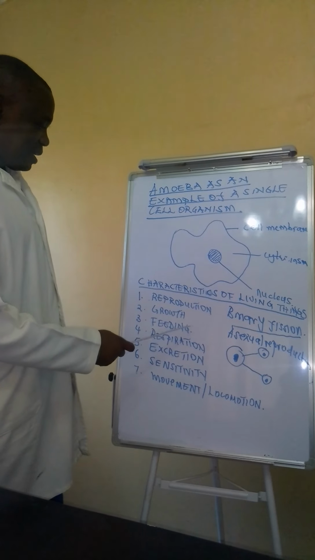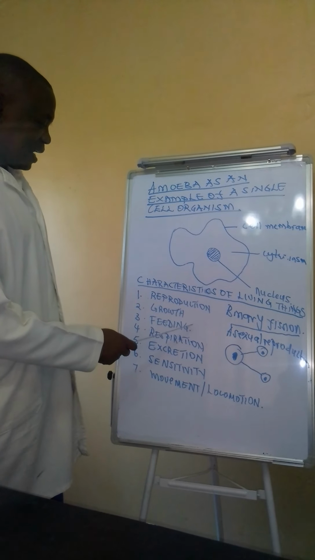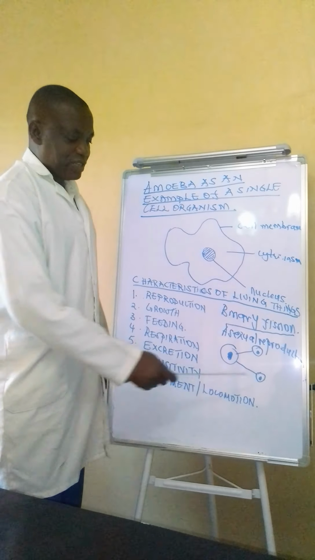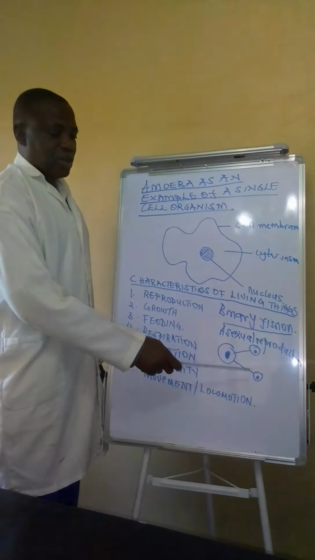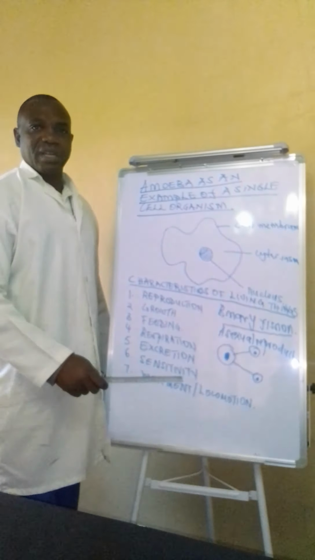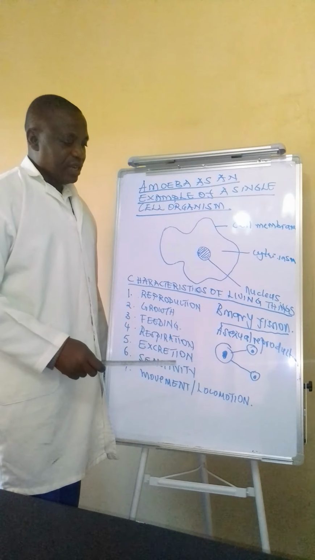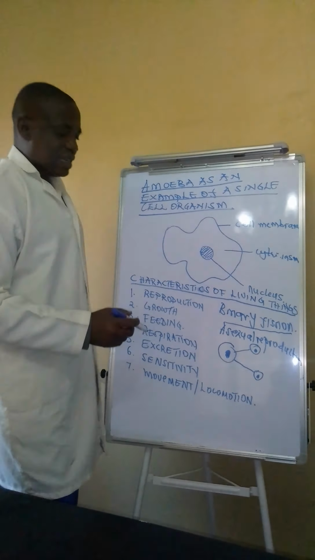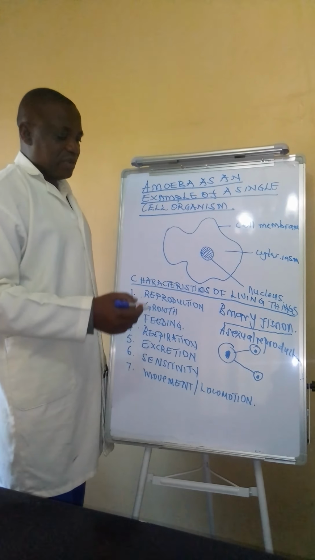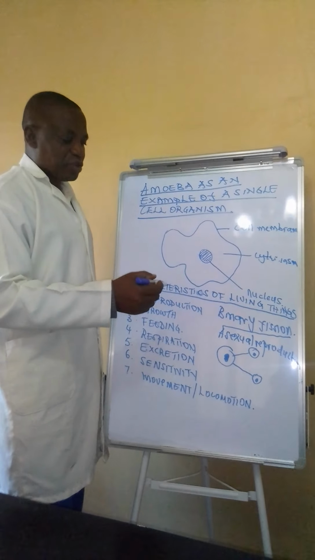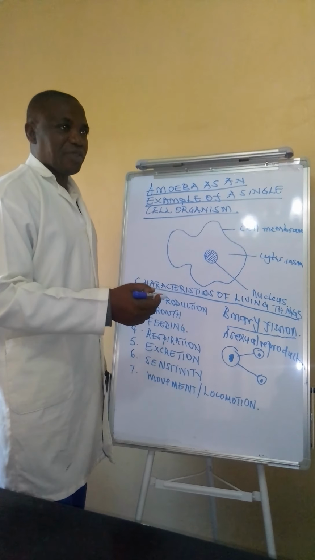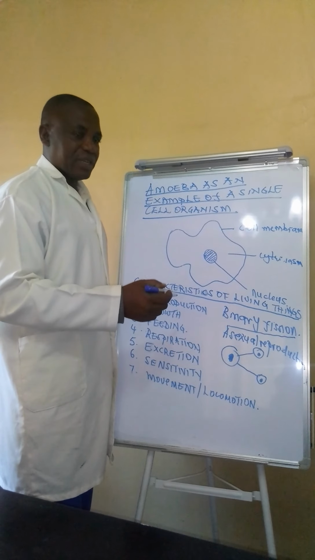Then amoeba also, as a living organism, needs to feed. For example, these young ones, in order for them to grow, they need to feed. So feeding is important. So how does it feed? Since amoeba lives in water, and it is a protozoa, and in the medical field, it causes amoebic dysentery.